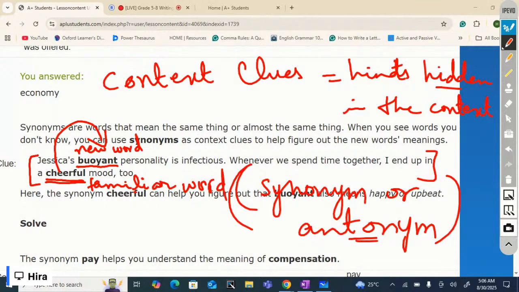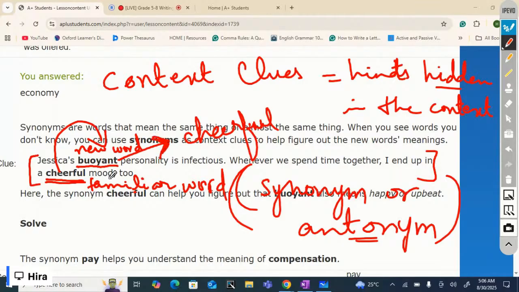When you end up in a cheerful mood too, it means Jessica also has a cheerful personality, the same kind of personality. So you understand the meaning of the unfamiliar word buoyant rather than taking help from any other source or any dictionary.